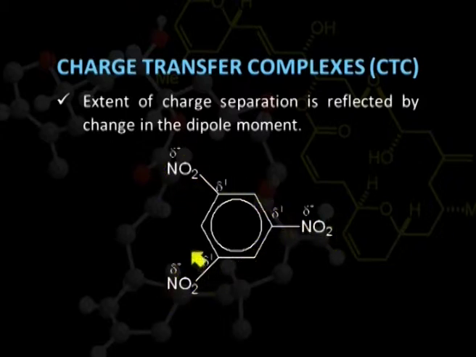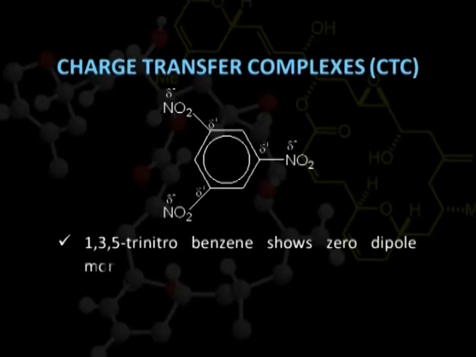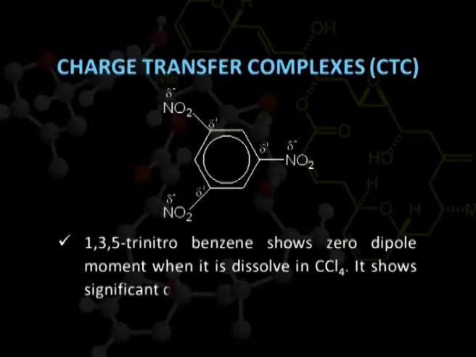But these 3 bonds are placed at symmetrical positions, and hence overall this molecule is electrically neutral, and it shows 0 dipole moment when dissolved in carbon tetrachloride. But when it is dissolved in benzene, which can act as donor, charge transfer complex formation takes place, and it shows significant dipole moment.